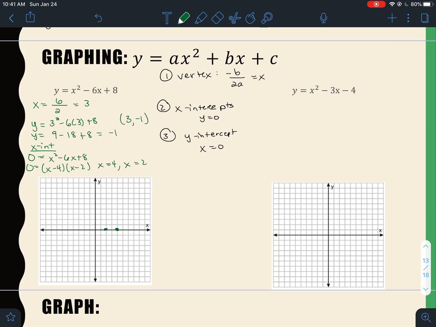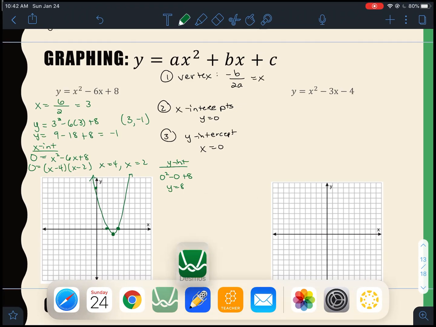And then my vertex is the point (3, -1). My y-intercept, plug in 0 for all the x's, so 0 squared minus 0 plus 8. So my y-intercept is at 8, so 1, 2, 3, 4, 5, 6, 7, 8. And so if I connect those, here is a sketch of that parabola. So we can check on Desmos.